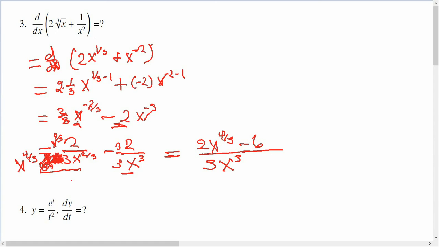And then the only other thing I could do here would be to factor out a 2. So I'm going to factor that 2 out. And I get x to the 4/3 minus 3. And that's all divided by 3x cubed. So that's as far as I can simplify it. Nothing else really happens up here, so I'm just going to leave it like that.